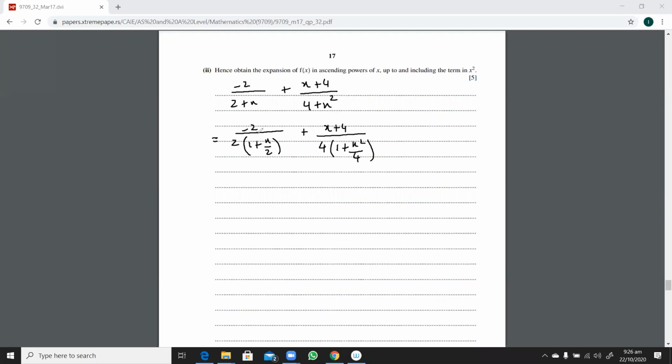Normally people move them to the numerator first and then they take common, and they are very much confused and they make a lot of mistakes here. These are cancelled. So I have minus 1 plus x over 2 raised to power minus 1. This one is 1 over 4 into x plus 4 into 1 plus x squared over 4 raised to power minus 1. Any questions so far?